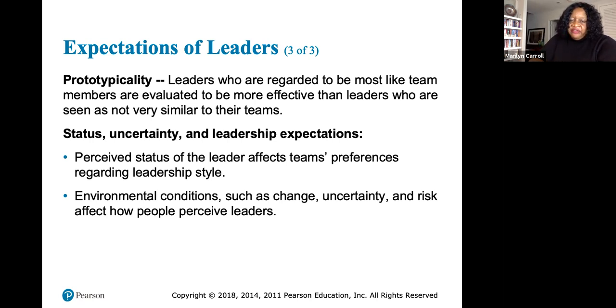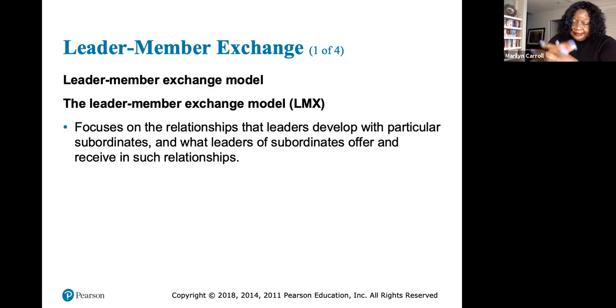All right? Environmental conditions such as change, uncertainty, and risk affect how people perceive leaders. That's true, and that carries on, whether the leader is in a home situation, church situation, business situation, factory situation, grocery store, franchise, whatever the case, it affects the way they remember things.